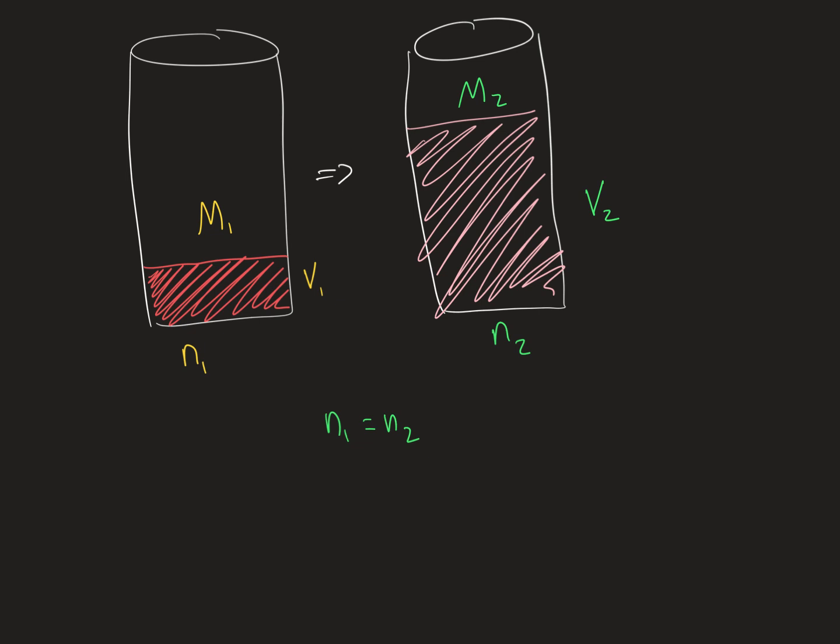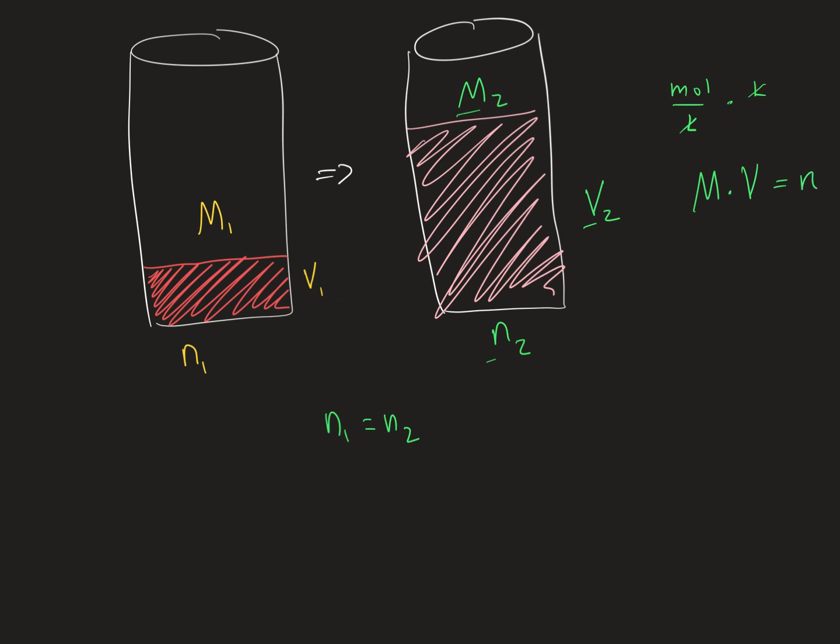Now, let's compare volume and molarity to the number of moles. What's the relationship? Well, molarity is moles over liter. What do I need to do to this to make it number of moles? Multiply by liters. You with me? So molarity times liter is equal to the number of moles.